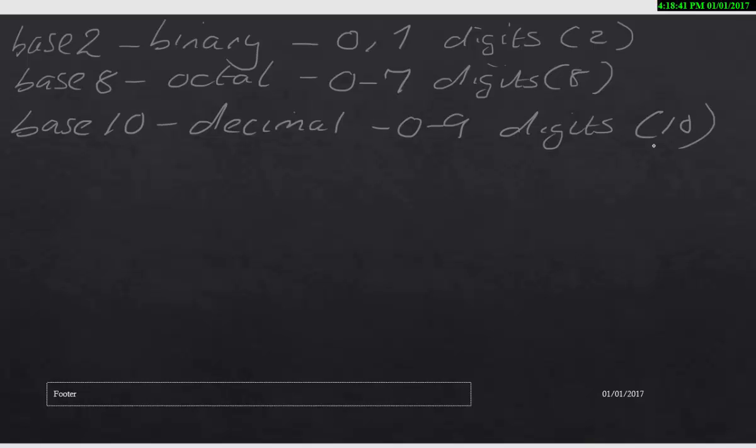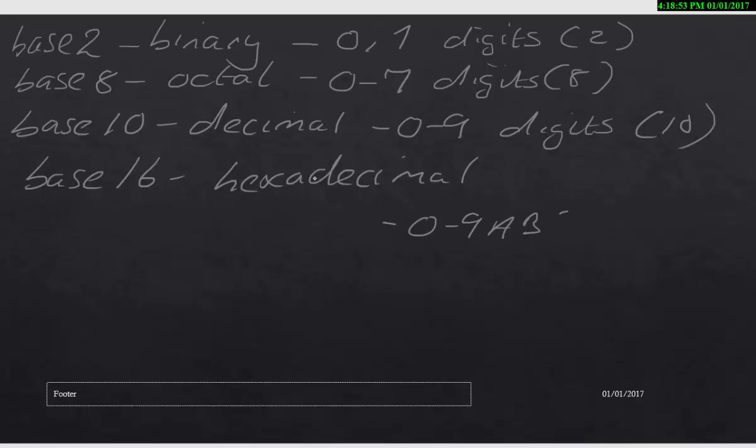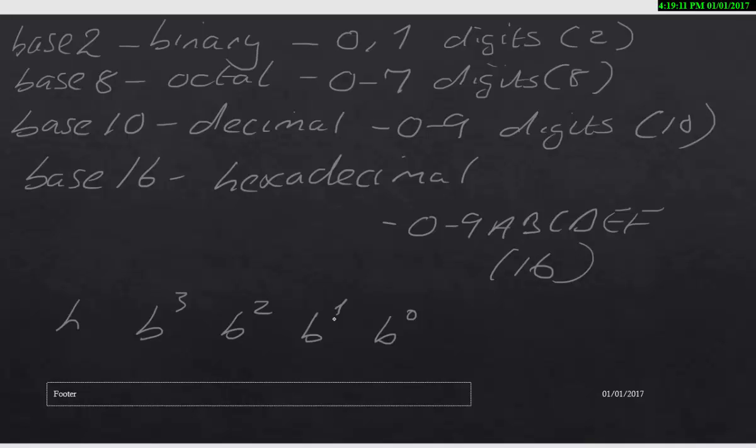So that's 10 digits. And we have base 16, which is our hexadecimal, and that is where we have 0 to 9, A, B, C, D, E and F. So we've got 16 digits, and all of them go up by the base to the power of 0, 1, 2, 3, 4, etc. So substitute that with your 2 or your 10 or your 16, and you will have the correct values that you need.